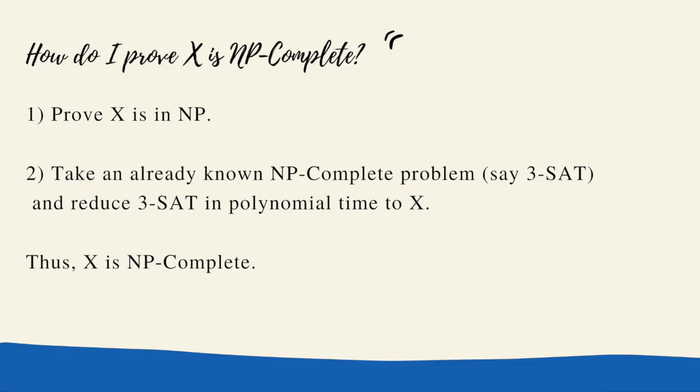This is the result of the Cook-Levin theorem, and we reduce that 3 SAT problem in polynomial time to X, the problem we are trying to prove is NP complete, and thus X is NP complete. Note that it need not be 3 SAT, it can be any known NP complete problem that we've already proven to be NP complete. We can use that result to reduce in polynomial time from that known NP complete problem to our problem, and then we can prove that X is NP complete.